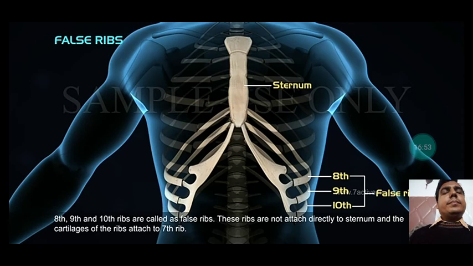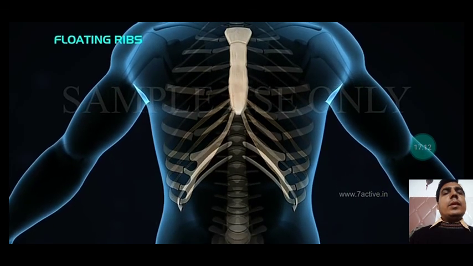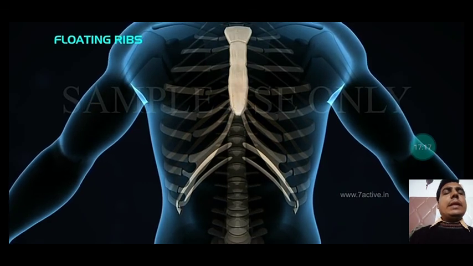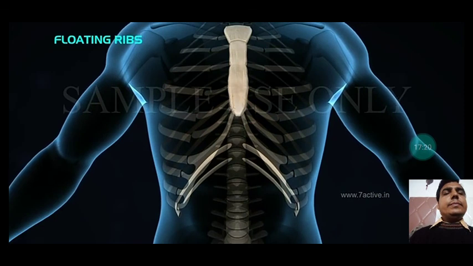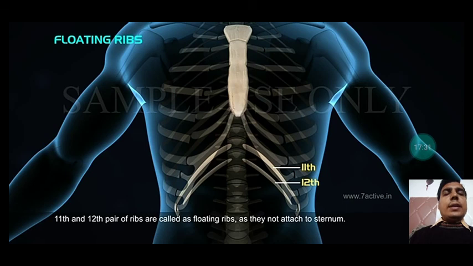So the 11th and 12th pair of ribs are called floating ribs as they do not attach to the sternum.